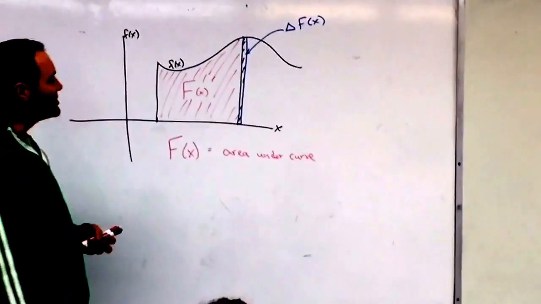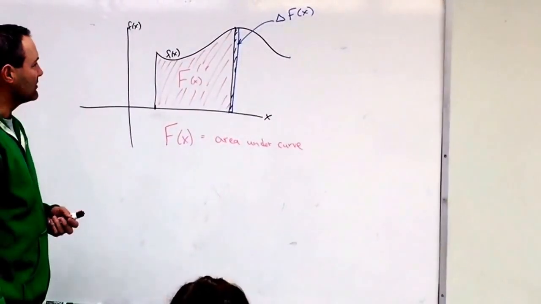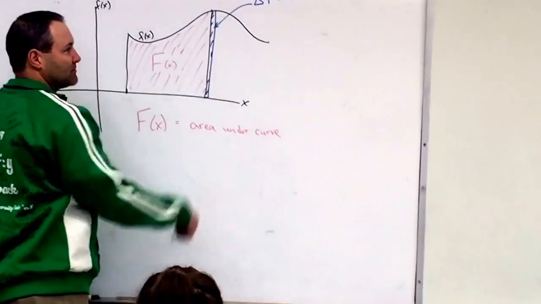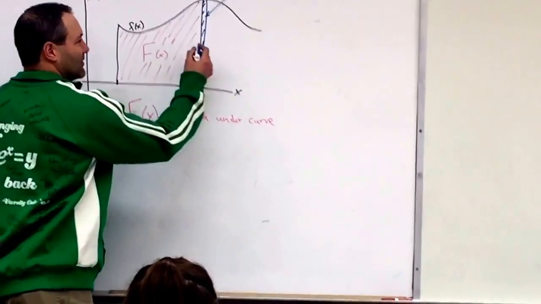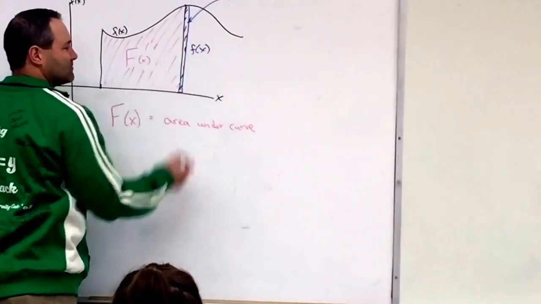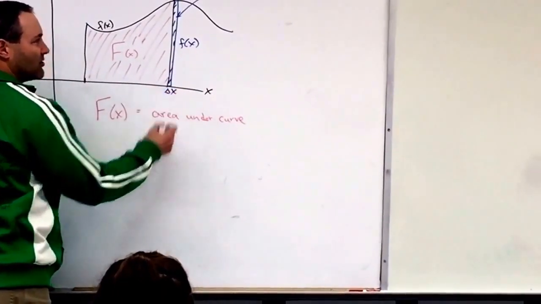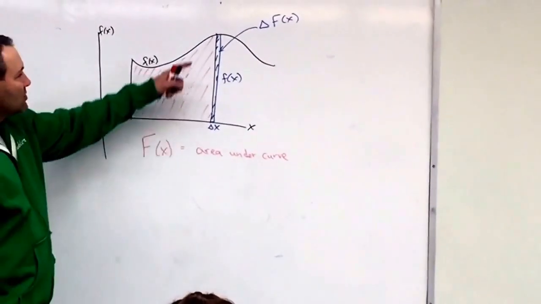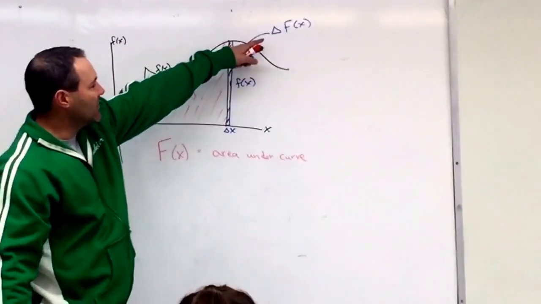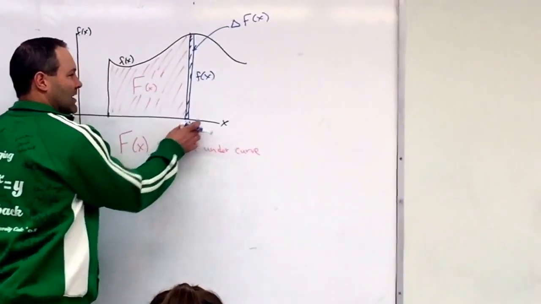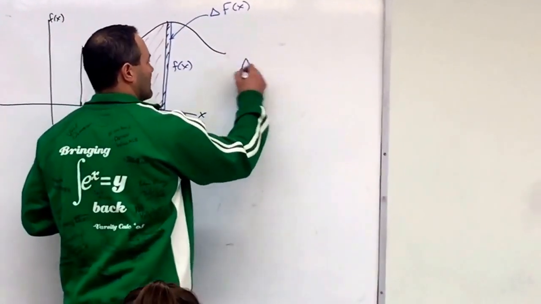And what are the dimensions of that rectangle? How tall is it? Little f of x, right? Times, and how wide is it? dx, or delta x, right? So you can say that the change in capital F of x is equal to base times height.